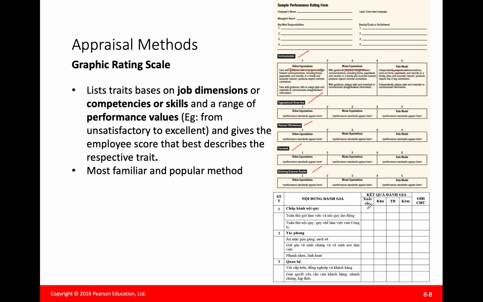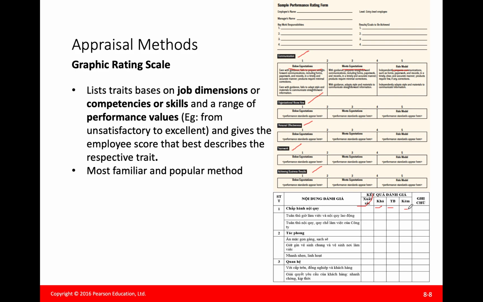But in the Vietnamese version, they have excellent, khá, good, trung bình average, or below average. It depends on how many quantified scales they want to put here.